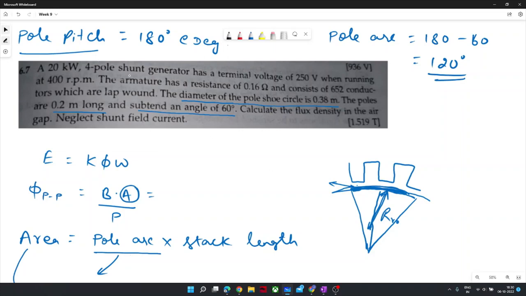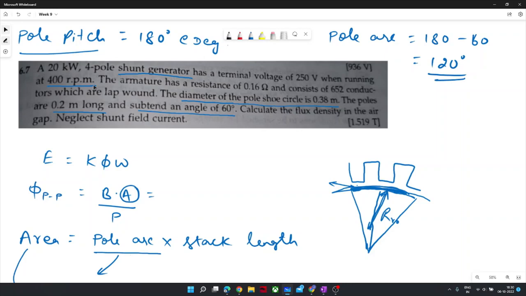It is said that it is a shunt generator, so we need to perform a KVL in this circuit. Terminal voltage is given 250 volt, speed is given 400 RPM. We know one formula which is related to speed and back EMF.